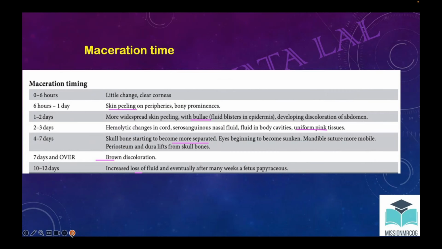Because of that, serosanguinous fluid will come, and the uniform pink tissues are there. 4 to 7 days, bones start getting affected, they become white, separated. 7 days, brown discoloration. And 10 to 12 days, increased fetal fluid loss, so they become fetal papyraceous.